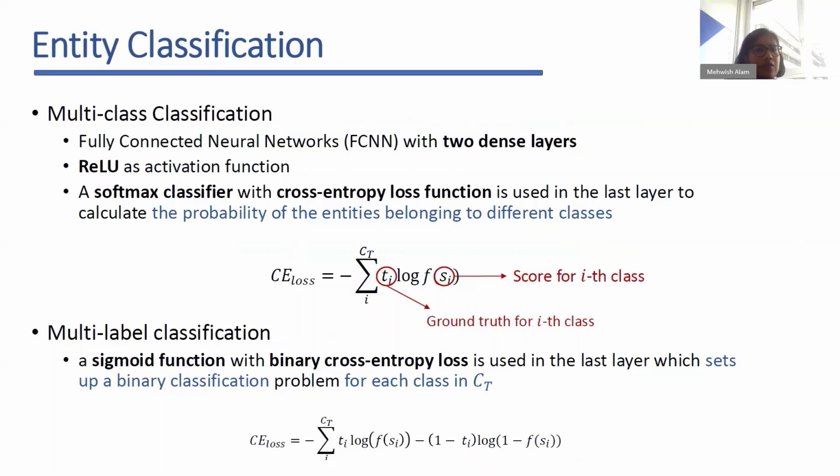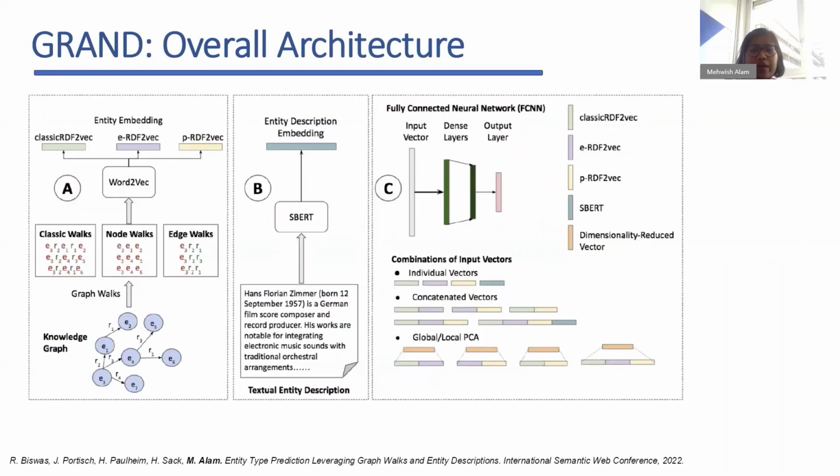And then we did our multi-class classification and multi-label classification. So if I go back to this, each time where we were combining all of this information, the relation information, the node information with the description, we were performing better. And then there is one thing that we did here in the graph, which is the local and global PCA. So here we did dimensionality reduction to the knowledge graph that we had.